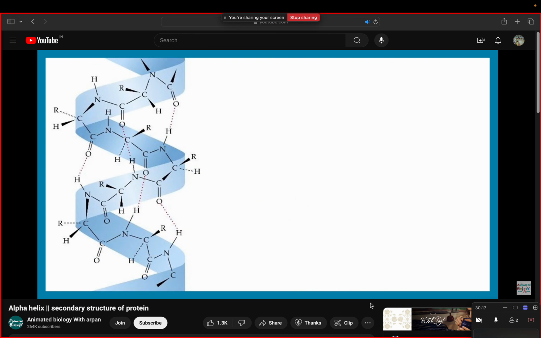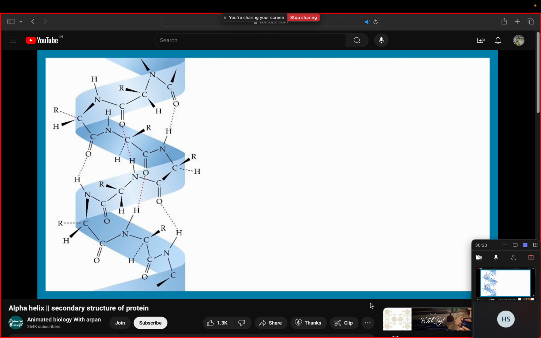All of these residues that are present in the alpha helix are bonded or interacting with each other via hydrogen bonding. And this hydrogen bonding does not take place in a haphazard manner; there are certain rules governing which residues would form hydrogen bonding.